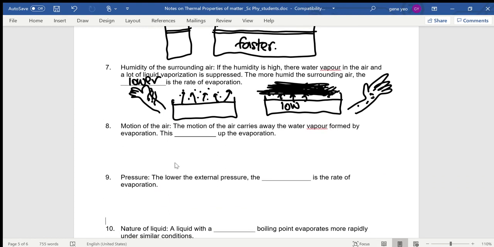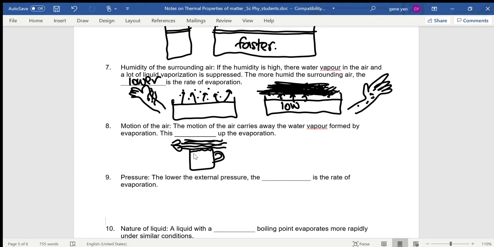Motion of air. We all do this on a daily basis. When I have a cup of hot coffee and I want to drink it, what I'll do is blow the air above the cup of coffee. There's a reason why we do this. It's not because of a habit. We do this because it helps the rate of evaporation increase.